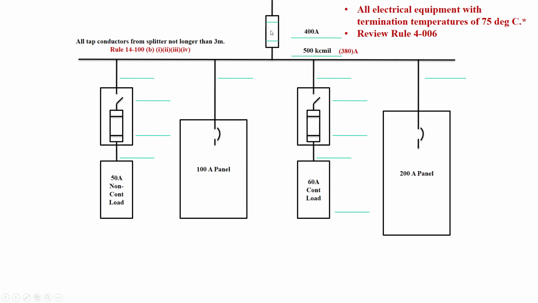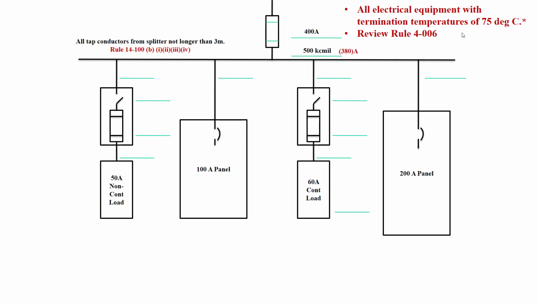It's protected by a 400 amp fuse, and the feeder coming in is 500 kcmil, which is good for 380 amps. For purposes of these examples, we are using copper conductors and Table 2 for our ampacities. All equipment has termination temperatures of 75 degrees Celsius, and let's say we are also using R90 conductor, or 75 is fine as well.